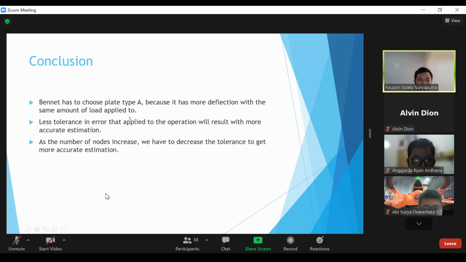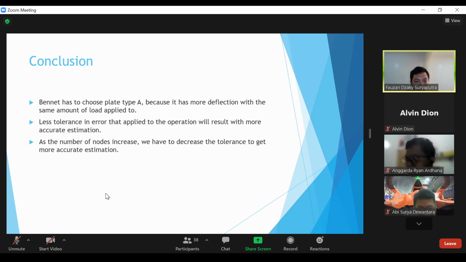So the next slide is the conclusion. For Mr. Bennett in question, he should choose the type A plate because the type A plate deflects more than the type B, and more deflection means more difference in the laser detection for his laser weight.